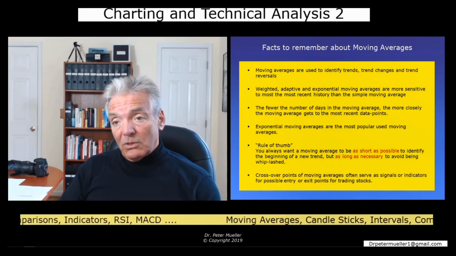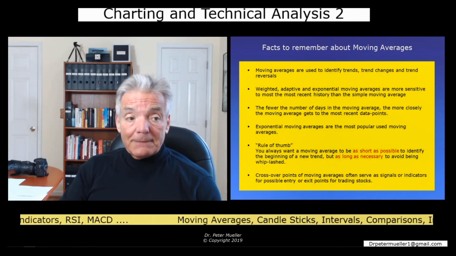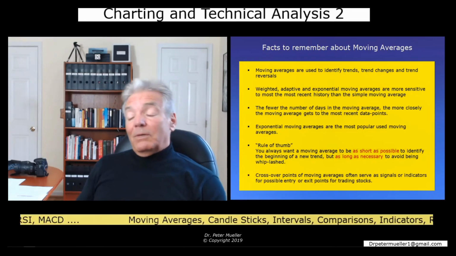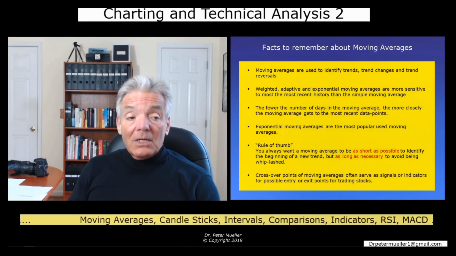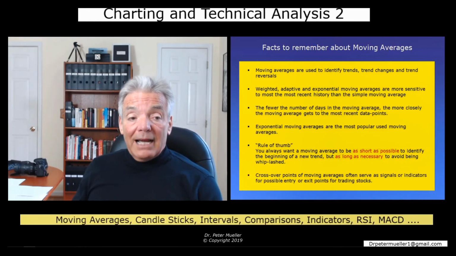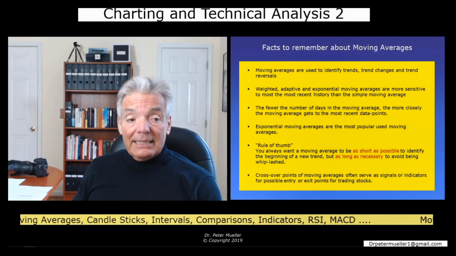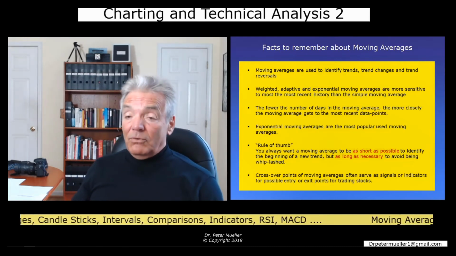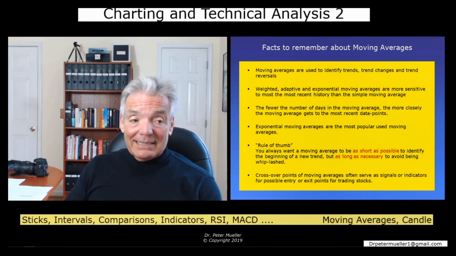My most crossover models are using single exponential moving averages. And then there is a rule of thumb where you simply say, when you think about what moving average should I use, you always want a moving average to be as short as possible to identify the beginning of a new trend, but as long as necessary to avoid being whiplashed, as we have seen in the one example.